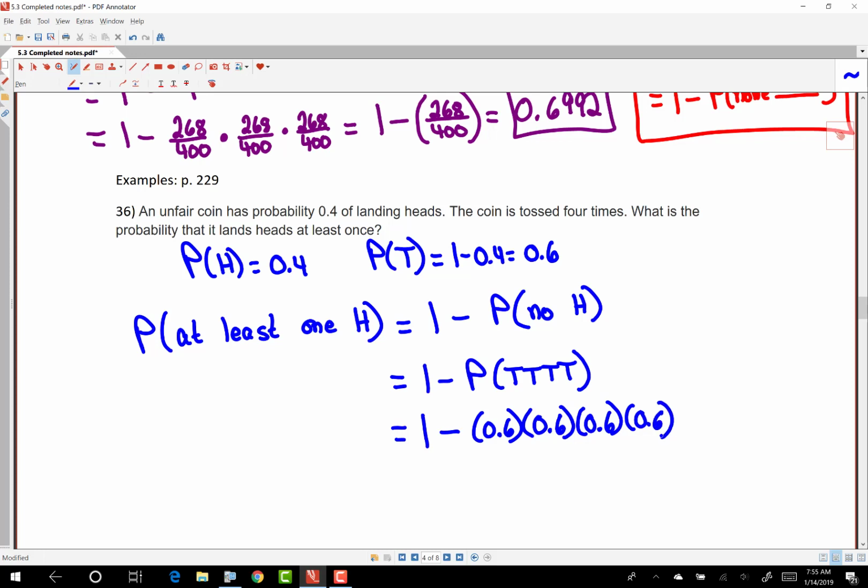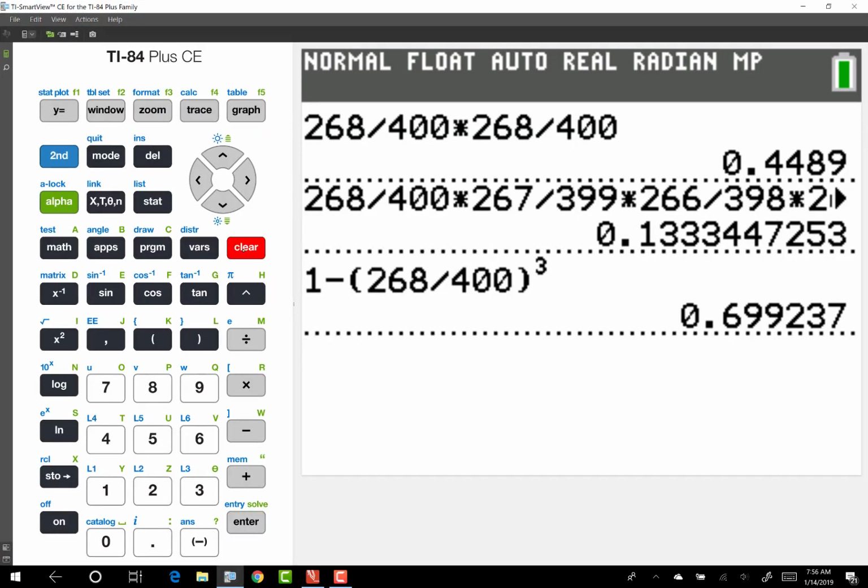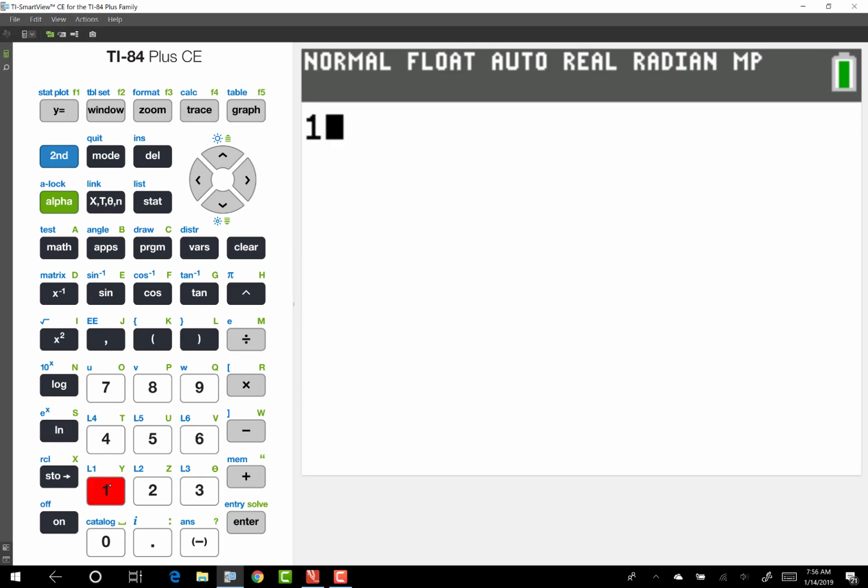So another way to write this would be 1 minus 0.6 to the fourth. And so that will be the probability of getting at least 1 heads. So let's do that calculation. So we have 1 minus 0.6 raised to the 4th power.